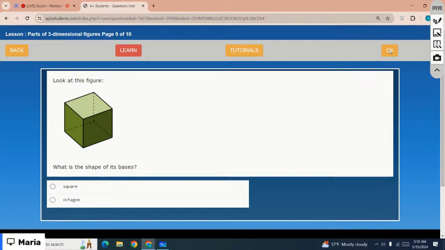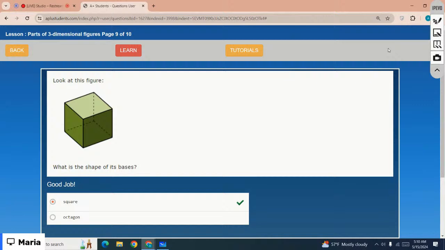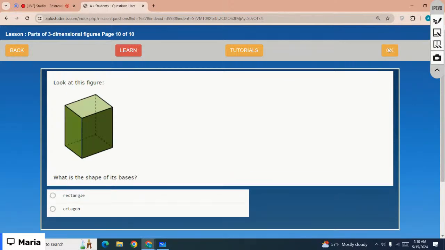The correct option is square. That is rectangle. Okay, let's move on to the next lesson.